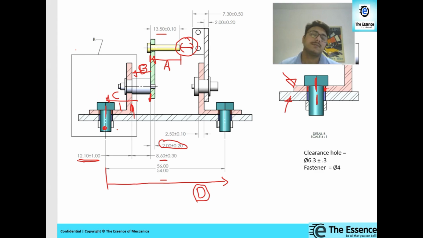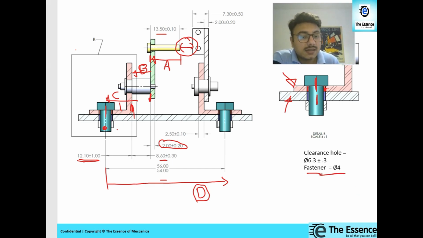How to do that? See, clearance hole, suppose an M4 fastener is going to be there. Considering the diameter of the M4 bolt as 4 mm, you can exactly go to the dimensions and check the M4 dimensions and take the measured diameter. That is also okay. I'm taking 4 mm for now.